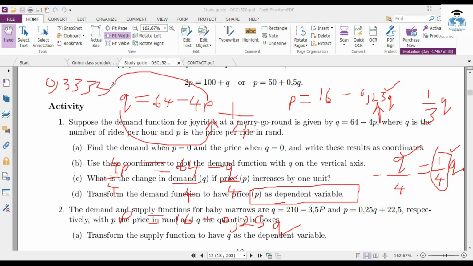The moment you round it off, it will distort the accuracy. But as long as the denominator is going to give you an exact decimal, then you can leave it as a decimal. If it can't, then just leave it as a fraction.